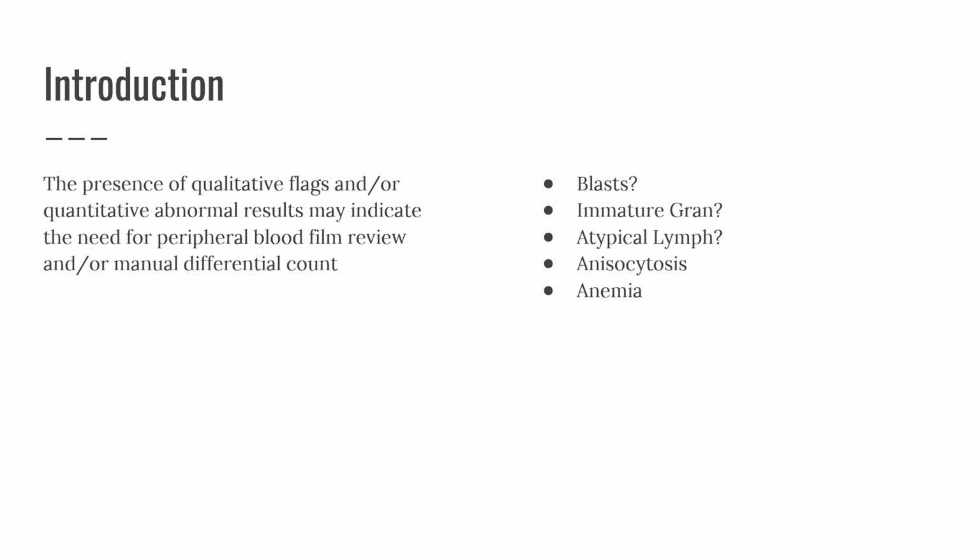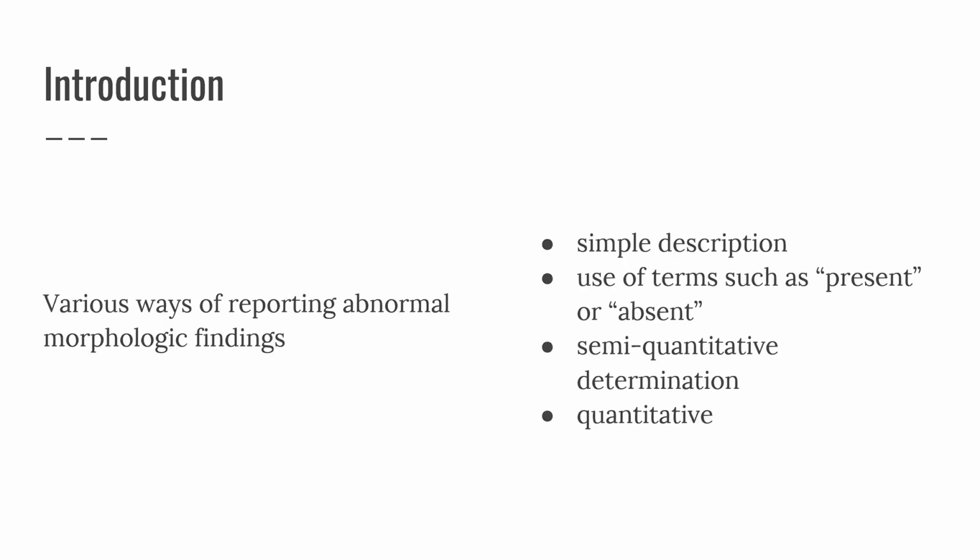Examples of flags are presence of blasts, immature granulocytes, atypical lymphocytes, or problems with RBC morphology such as anisocytosis, microcytosis, macrocytosis, etc. However, there are various ways of reporting abnormal morphologic findings, such as the use of simple description, use of terms such as present or absent, semi-quantitative determination like mild or 1+, moderate 2+, or marked 3+. And finally, quantitative reports like the percentage of certain abnormal morphological findings.